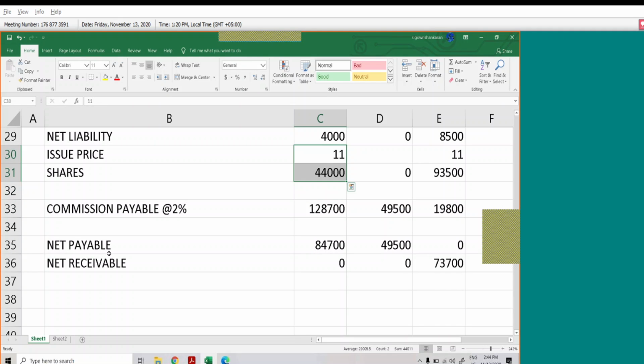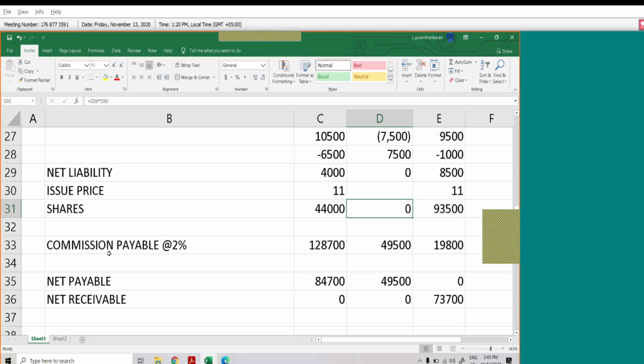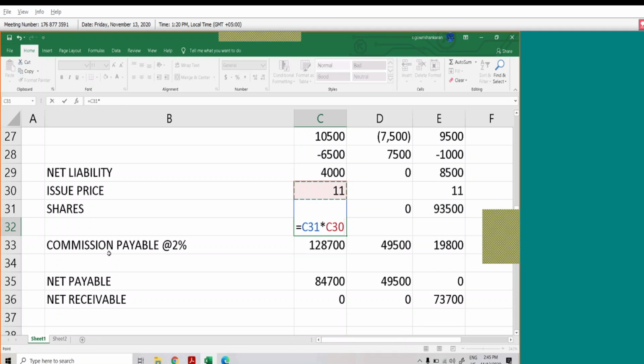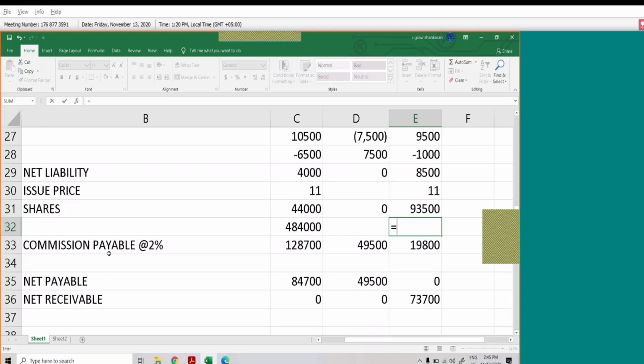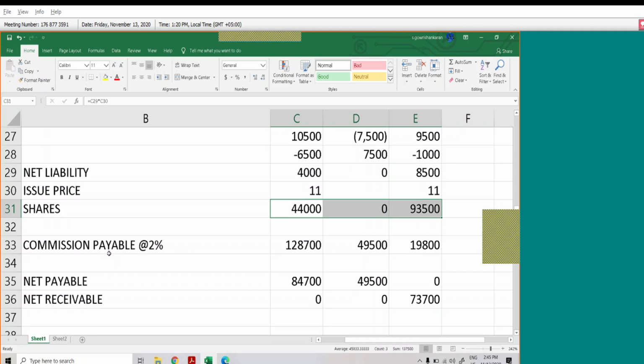Here 44,000 into 11 is 4,84,000. Here 93,500 into 11 is 10,28,500. So add these two: 44,000 plus 93,500, 1,37,500 rupees.